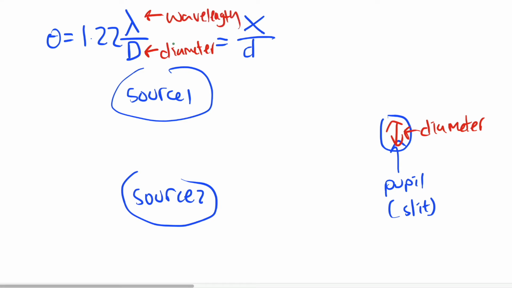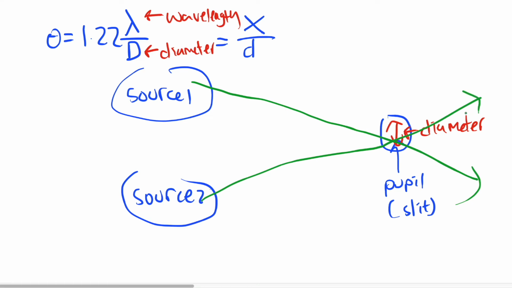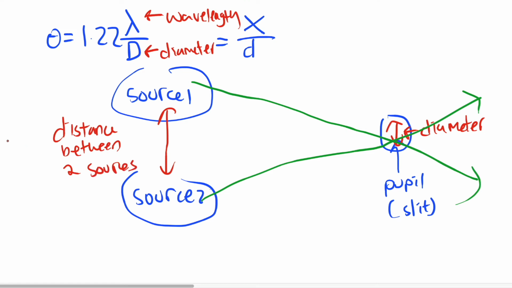So what happens is they emit light. Again, I apologize for my horrible drawing. And here is the distance between two light sources, which is equal to x.